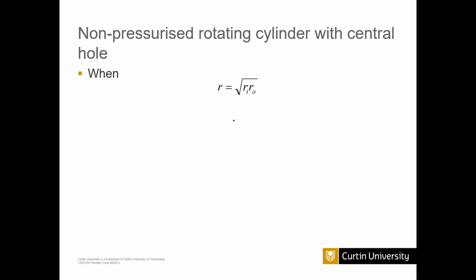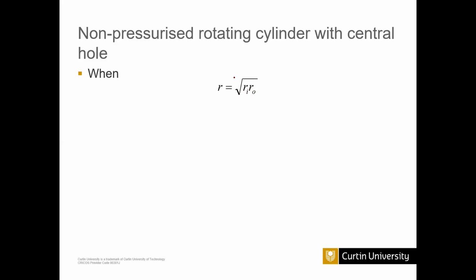Here we introduce an additional thing: multiply Ri and R naught and take the square root, which equals R. Keep that in mind.